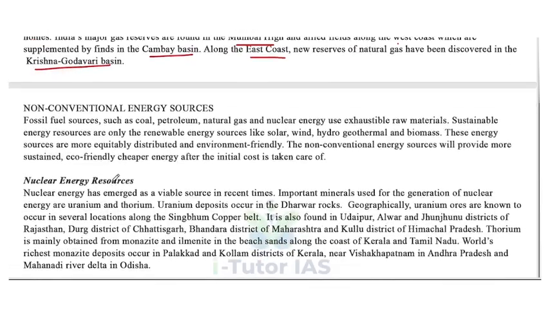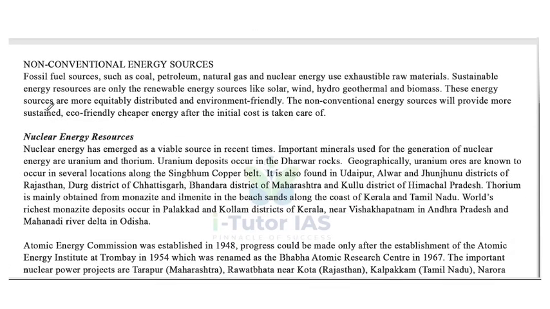Now, non-conventional energy sources. Fossil fuel sources such as coal, petroleum, natural gas, and nuclear energy use exhaustible raw materials. Sustainable energy resources are only the renewable energy sources like solar, wind, hydro, geothermal, and biomass. These energy sources are more equitably distributed and environment friendly.